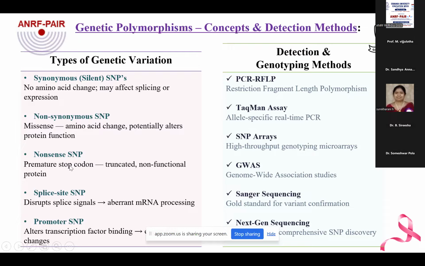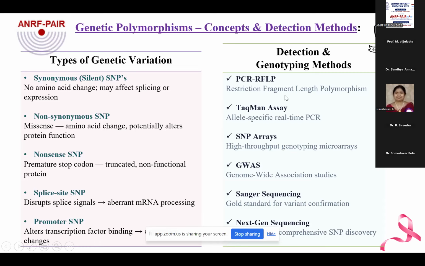And there are nonsense SNPs, which might lead to the premature stop codon initiation, which leads to the truncated or the non-functional protein. And then the splice site SNPs, which will be disrupting the splice signals, leading to the aberrant mRNA processing. And the SNPs which are present in the promoters are called the promoter SNPs. They might alter the transcription factor binding, which might lead to the changes in the expression.